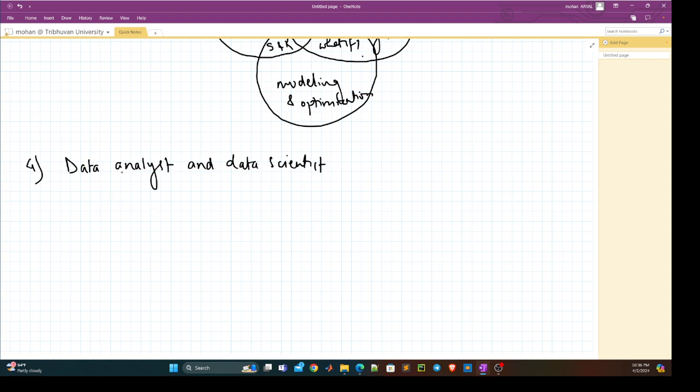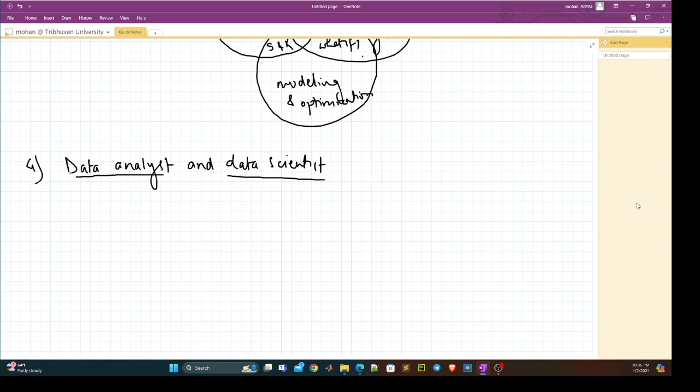What are the required skill set to become data analyst, and what is the required skill set to become a data scientist, right? What is the actual difference?